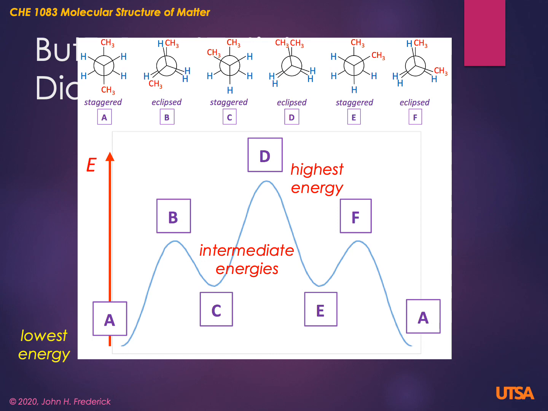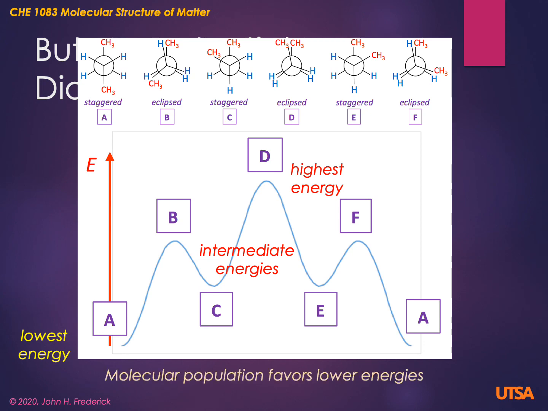And the intermediate ones are a maximum if they're eclipsed, and they're a local minimum if they're staggered. So you can go over one small peak at B, down to a minimum at C, back up to the highest peak at D, and then the reverse trend going the other direction.